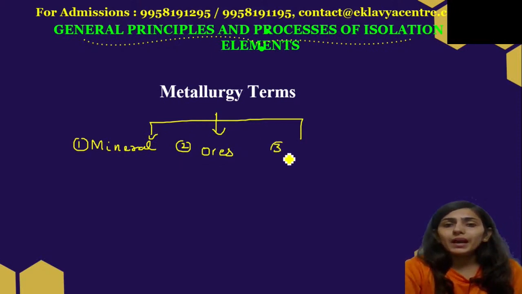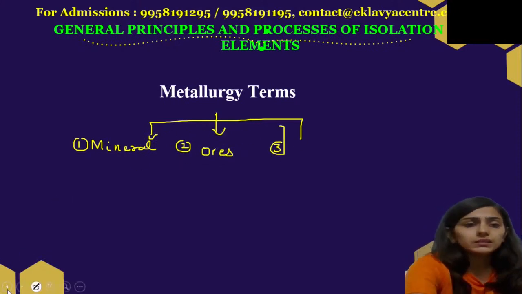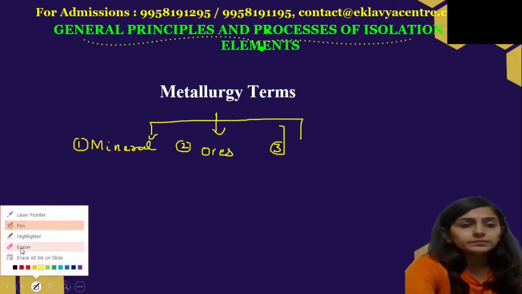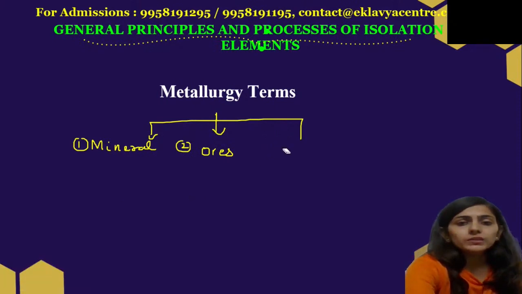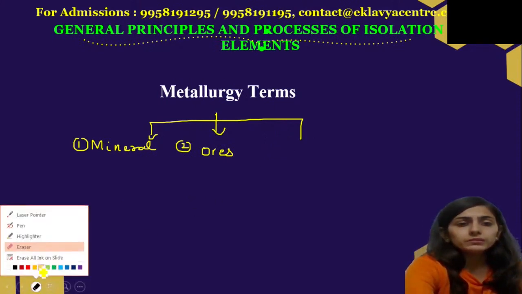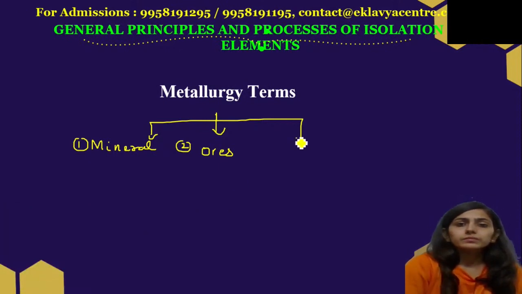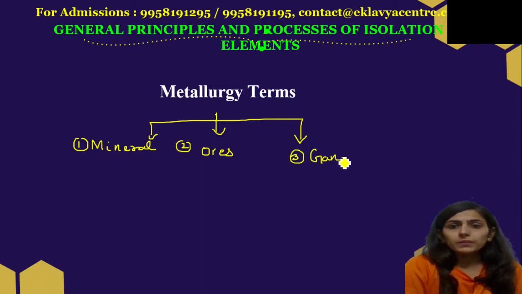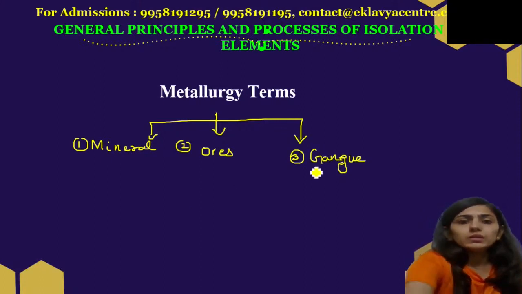Then ores. And the last which we have to discuss is gangue. So we will discuss each of the terms one by one.